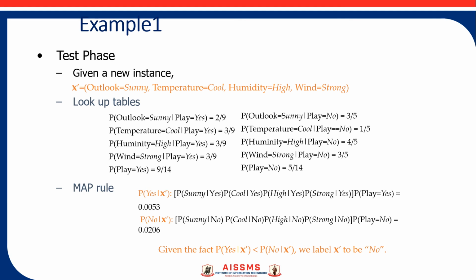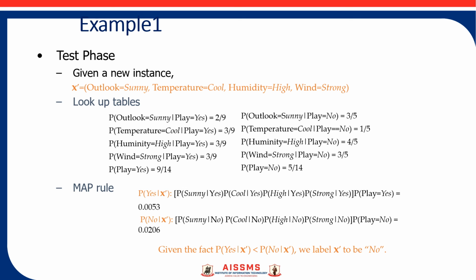Once we multiply all these values, we will know the probability of whether X dash belongs to yes or no. Now we get the probability for yes and for no. Whatever is the maximum value, we consider as the final classification of X dash. From this example, we can see that the probability of no is high compared to the probability of yes.